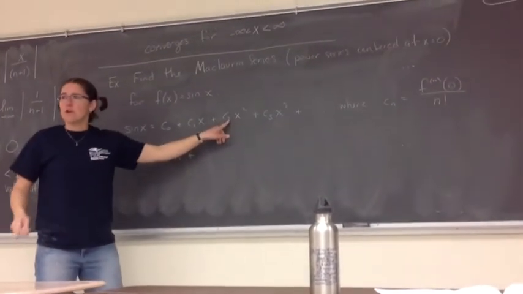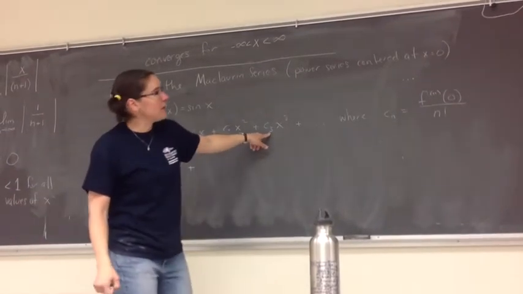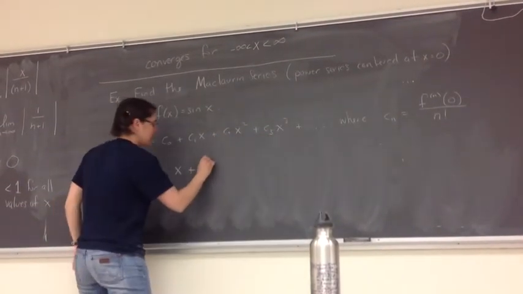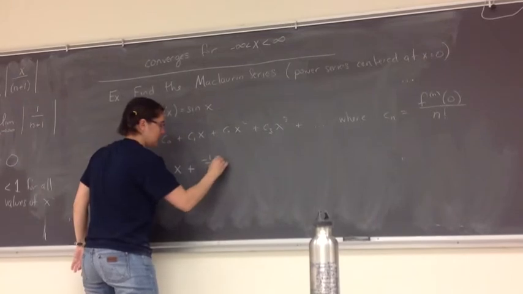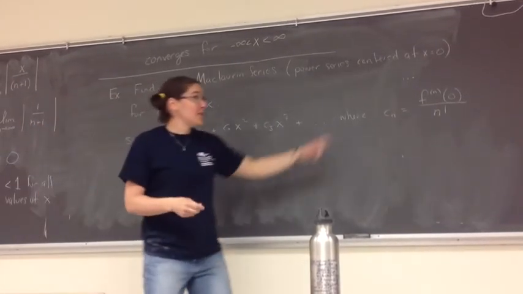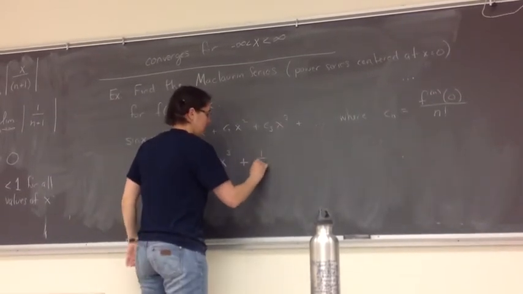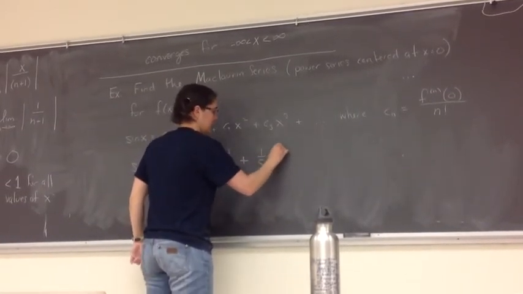The C2 coefficient is 0, so I don't need to write that one down. C3 is negative 1 over 3 factorial times x cubed. My C4 is 0, I don't need to write it down. C5 is 1 over 5 factorial times x to the 5th.